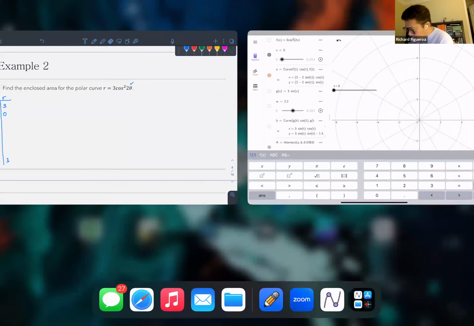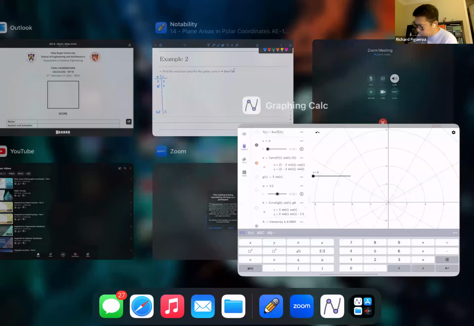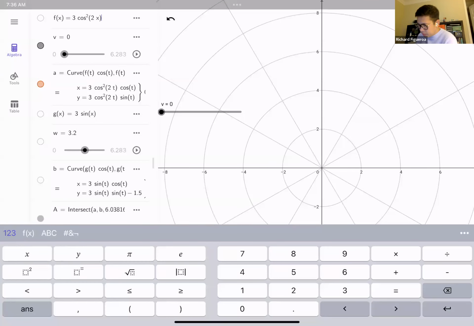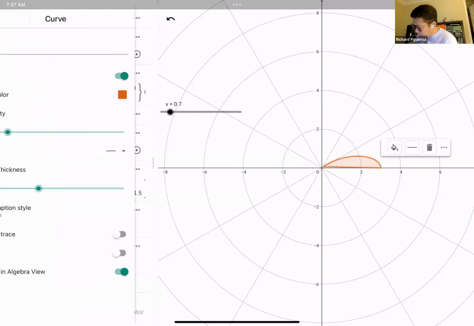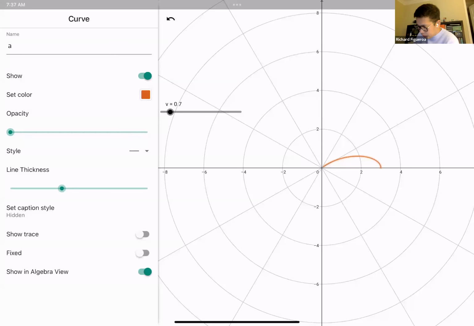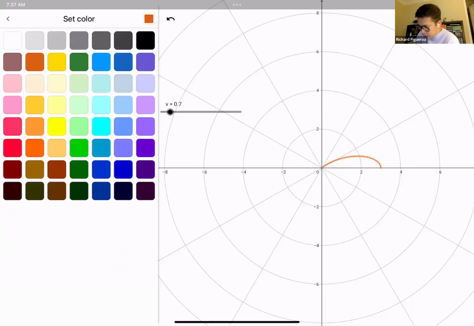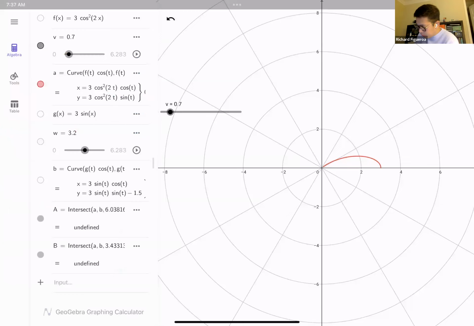So 3 cosine squared 2 theta or 2x. So graphing these, the results it looks like. So when it's 0, nag-start siya doon sa 3.